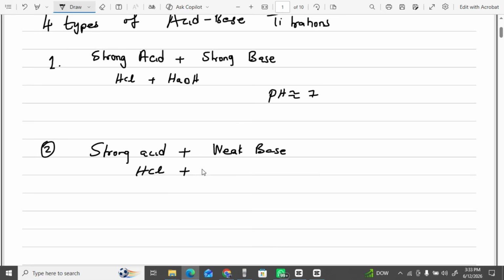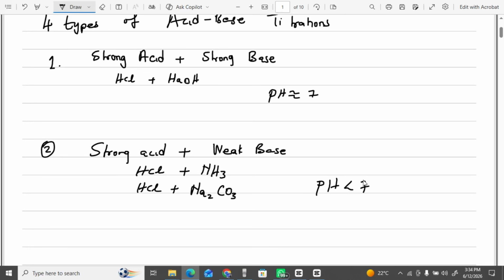Let's say this reacts with NH3, ammonia, or maybe HCl reacts with sodium carbonate. You see? Sodium carbonate is a weak base, right? So the equivalence point for this one has a pH that is less than 7.